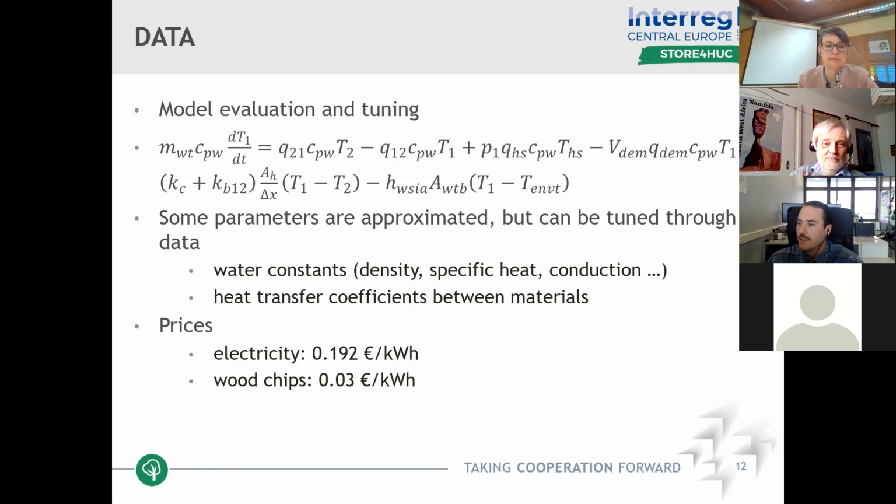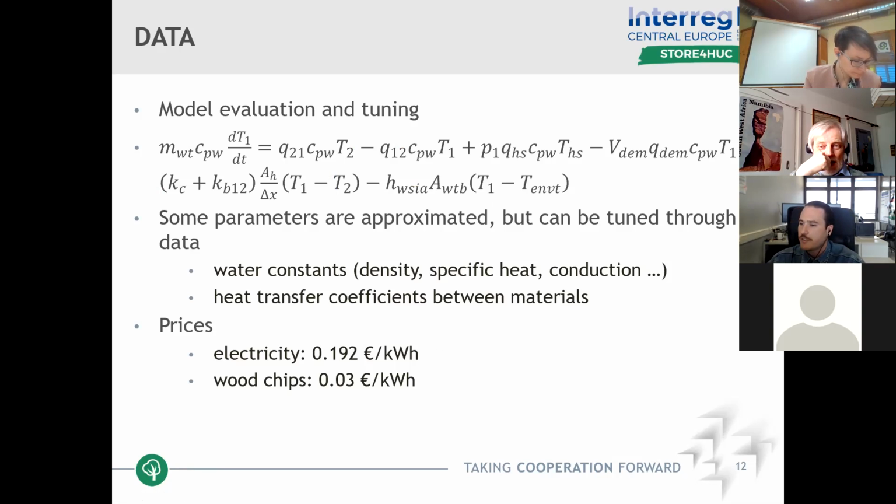As for now, we just approximated some of the parameters, especially the heat transfer coefficients, which can be at different values. There's a large scale of values they can be. So with measurements, we can be more exact.